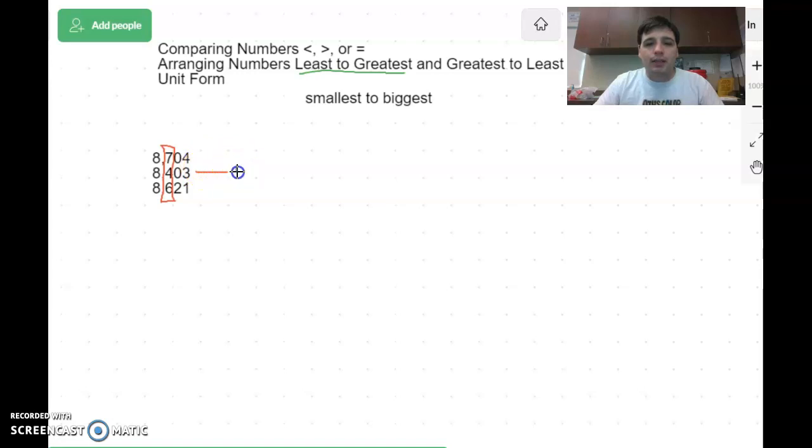This is my smallest, so that's going to be number 1. My second smallest is 8,600. It's going to be number 2. And then my last one, my biggest one, is 8,704. And that's 3. When I write my answer, I will rewrite the numbers: 8,403, 8,621, 8,704.